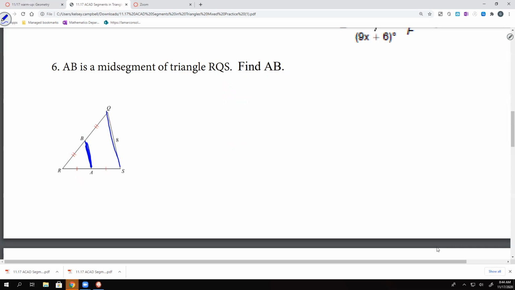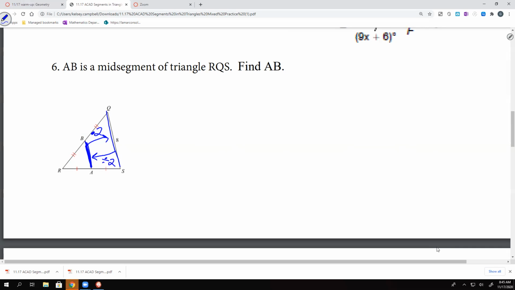The mid-segment is how much of this one? Half, right? So if I want to go from the mid-segment to this side out there, I'm going to times 2. But on this one, I want to go from the outside side there back to the mid-segment. So what's going the other way? Yeah, divide by 2.